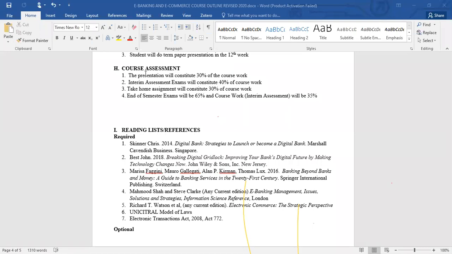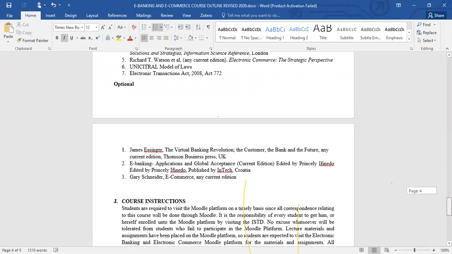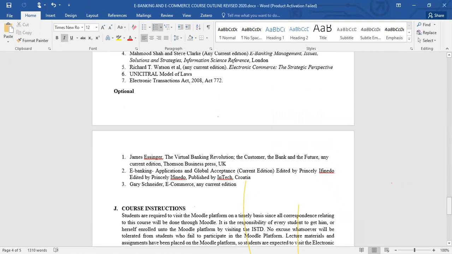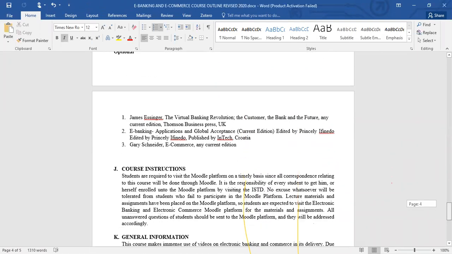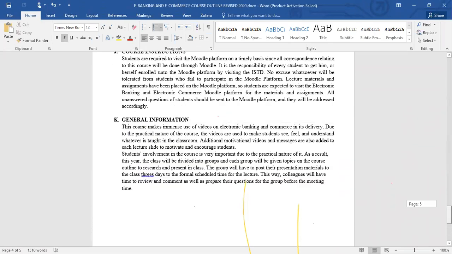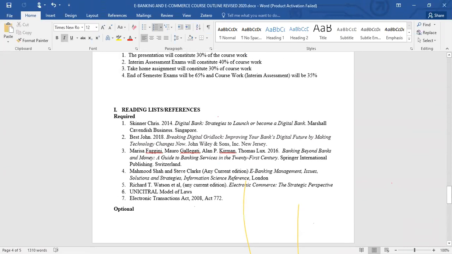And if you have any other good book that you want to consult to help you grasp the concept of electronic banking and electronic commerce, you can do that. There are also other optional books that you can look at. Okay, so basically, that is all that we'll be doing for this semester.